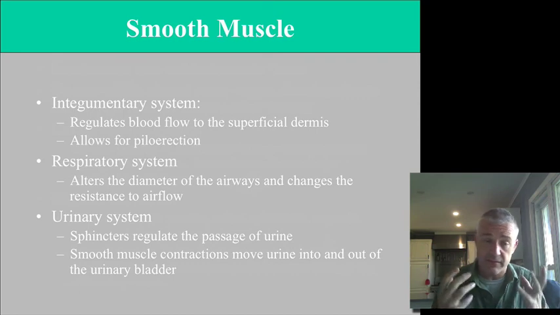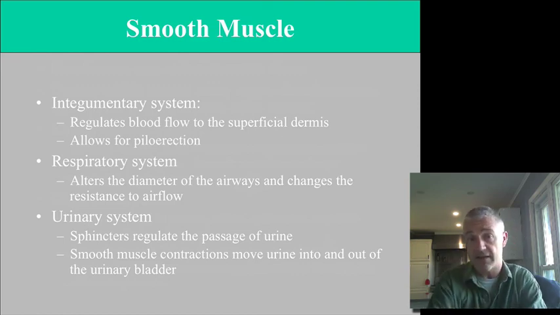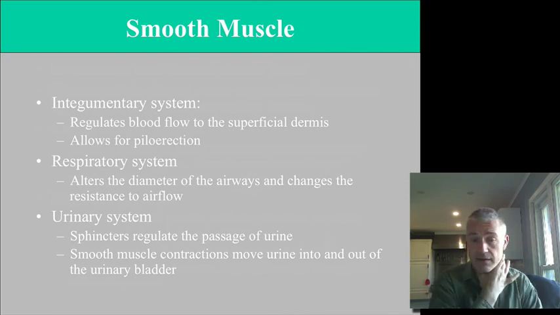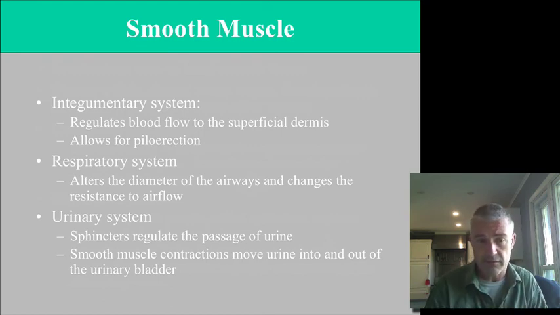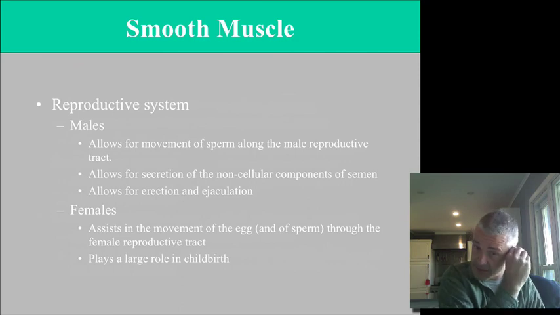In the respiratory system, it helps control airflow in and out of the alveoli by causing bronchoconstriction or bronchodilation of the bronchioles. It also is found in the sphincters of the urinary system, within the bladder wall, as well as the ureters to move urine down to the bladder, and force urine out of the bladder through the urethra. Also seen in the male and female reproductive tracts in a number of areas.